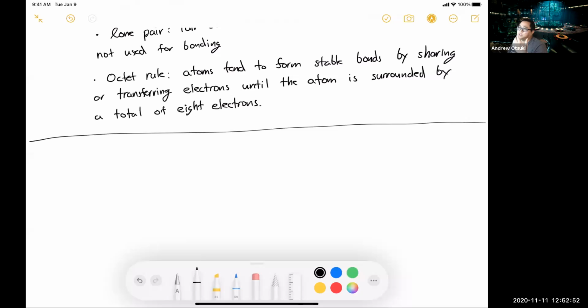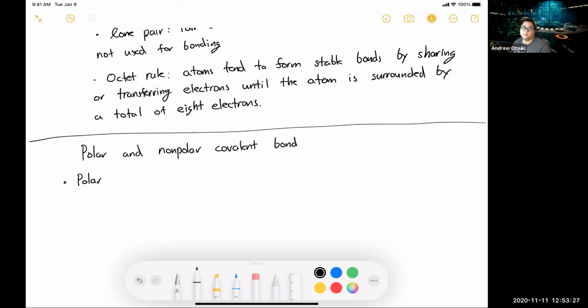Is it polar or is it nonpolar? Now let's talk about polar.